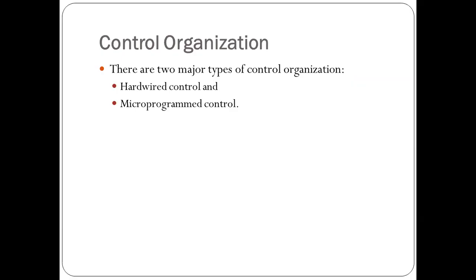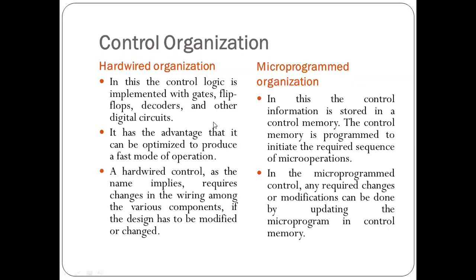First of all, hardwired organization. Here the control logic is implemented with the help of gates, flip-flops, decoders, and other digital circuits. So with hardware components, we construct the control unit, which generates the control signals.